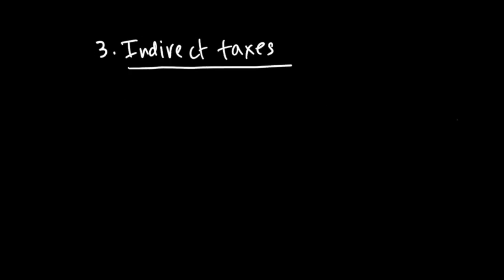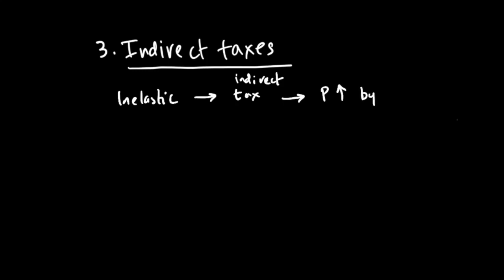The third relevance when it comes to your PED is indirect taxes. When you have an inelastic good and we put an indirect tax on it, what we will see is that the price rises by much more after tax.